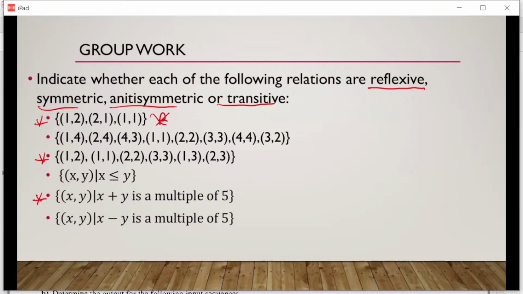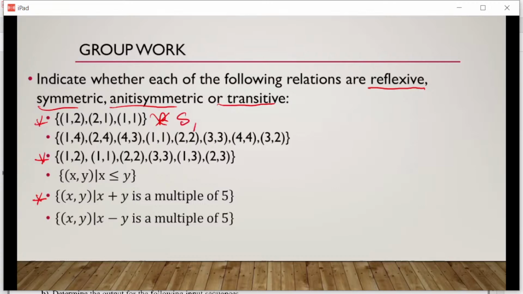What about symmetric? Symmetric means that if you have a relation here, you also have the flip of the relation. So Peyton, what do you think? Is this thing symmetric? It is, because the 1, 2, there is a 2, 1. What about the 2, 1? Flip it over, there's a 1, 2. What about 1, 1? It's there. So this one is symmetric.